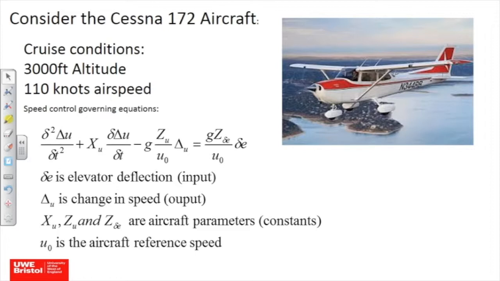But if you have a look at that expression, turn the partial derivatives into real derivatives, and just look at, some of this is just constants. A lot of it's just like U0 is a constant, G is a constant, much of it is a constant. See if you can work out a transfer function for that aircraft behaviour.